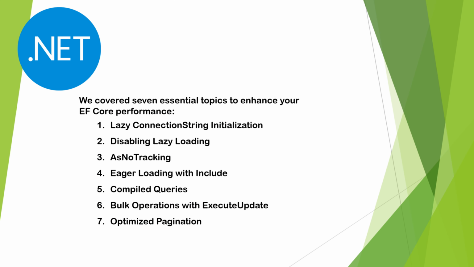Okay, in this video we covered 7 essential topics to enhance your EF Core performance in practical scenarios. Lazy connection string initialization for efficient resource management, disabling lazy loading to control data loading and improve response times, AsNoTracking for faster read operations by avoiding change tracking, eager loading with Include to efficiently load related data, compiled queries for faster execution of frequently used queries, bulk operations with ExecuteUpdate to handle multiple updates at once, and finally optimized pagination to retrieve data in a memory efficient way.